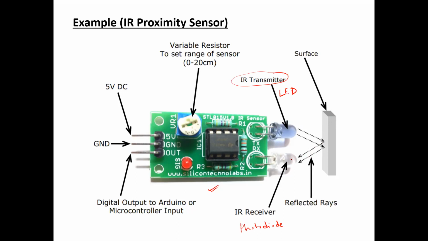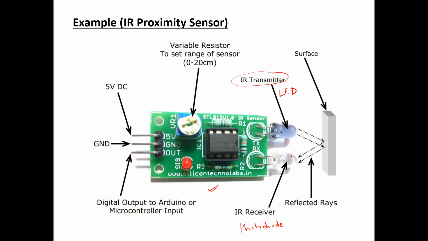Depending upon the intensity of the reflected wave, the photodiode will generate the reverse leakage current accordingly. So depending upon the amount of current received, it can be concluded whether there is a nearby object or not.